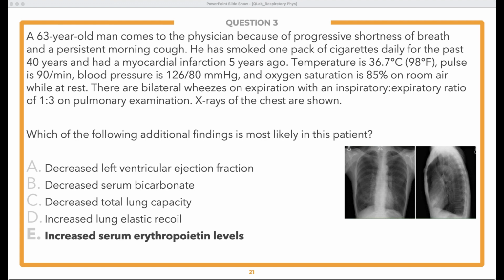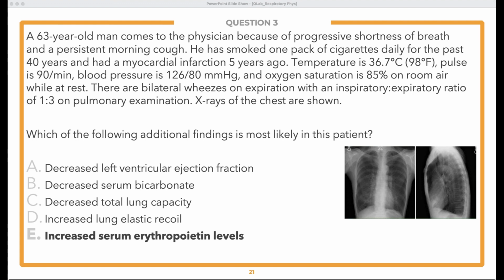They're big garbage bags instead of the little bags that we like. This patient is a smoker with an obstructive pattern lung disease, so the first thing that should come to mind is COPD. He has that persistent morning cough, shortness of breath, and the increased I:E ratio. All things point towards COPD just based on the story.